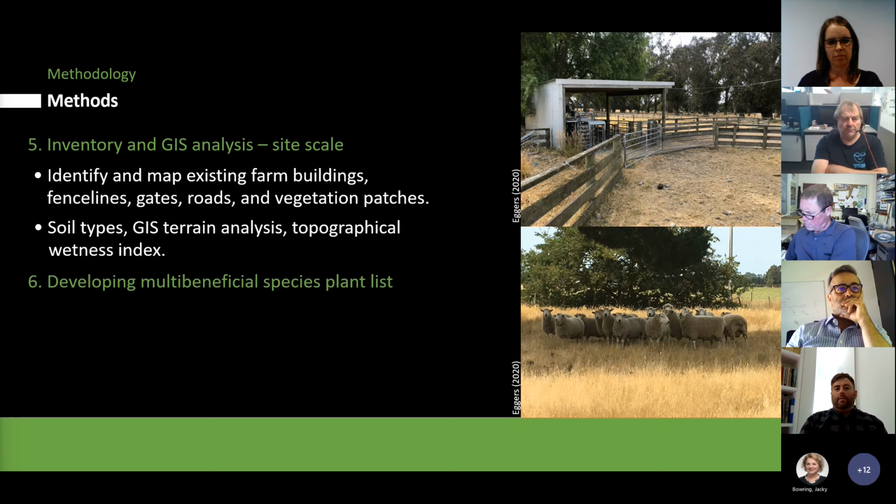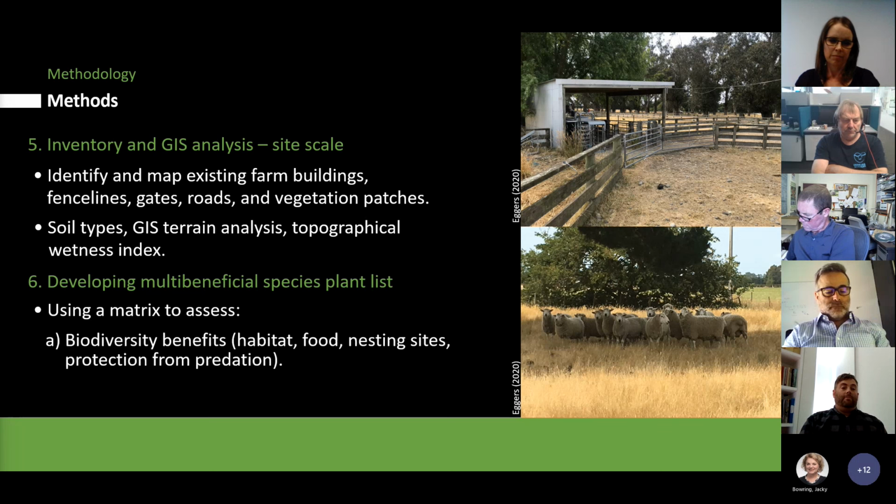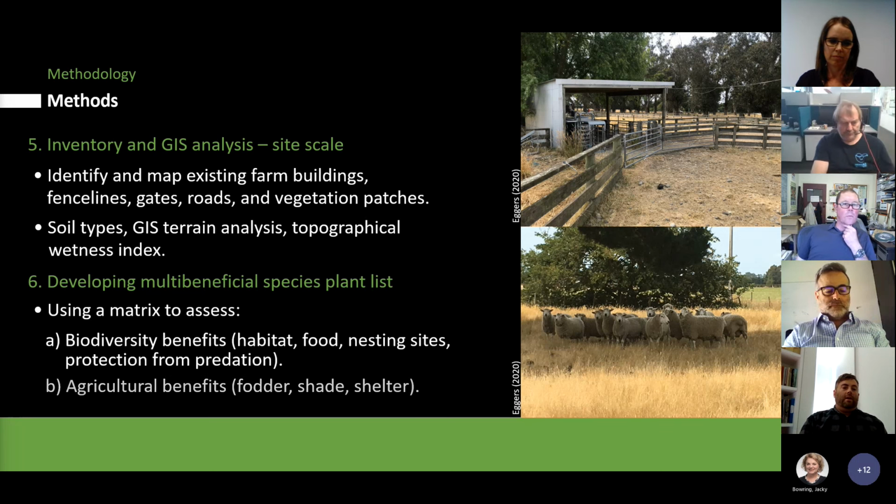And then finally, well not finally, but nearly finally, developing a multi-beneficial species list. So I'll use a matrix to assess biodiversity benefits that are listed there, and then agricultural benefits, and then we'll somehow get a weighting to include the plantings and the vegetation that are the most beneficial, and provide a list following that.